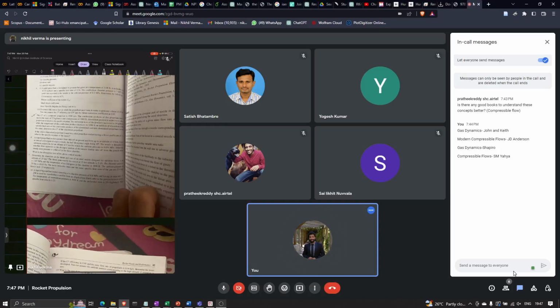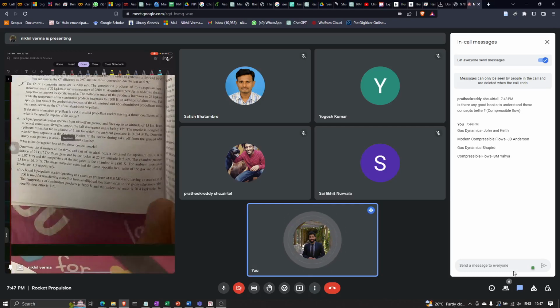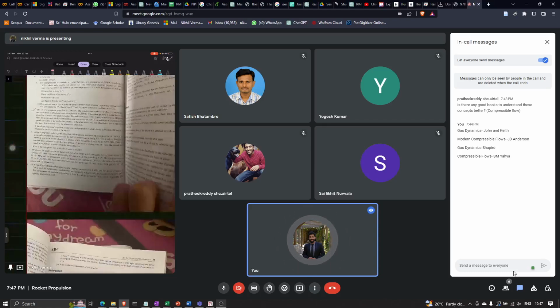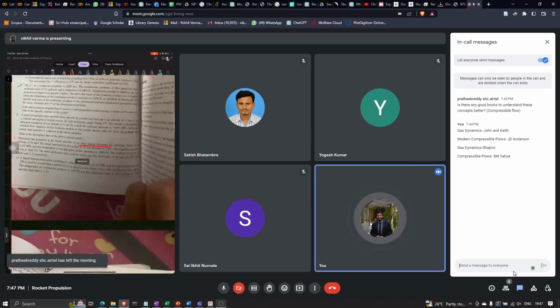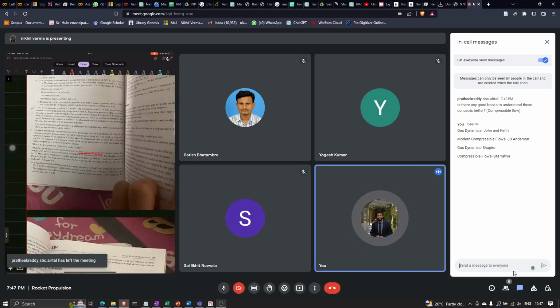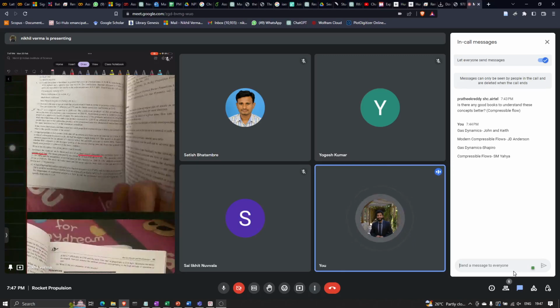Okay, let us look at problem number 7. Determine the diameter at the throat and the exit of an ideal nozzle, designed for optimum thrust at an altitude of 25 kilometers. The thrust generated by the rocket at 25 kilometers is 5 kilonewtons.